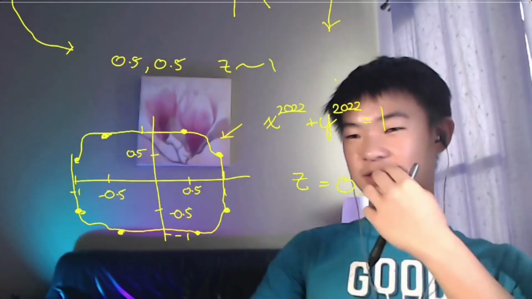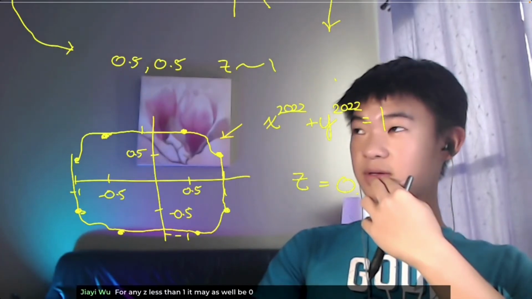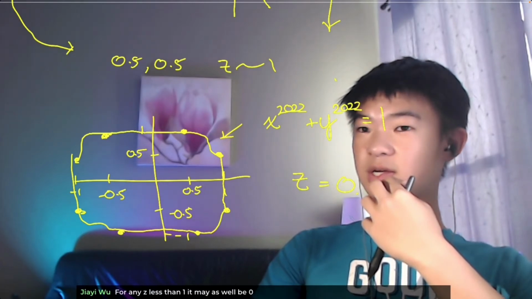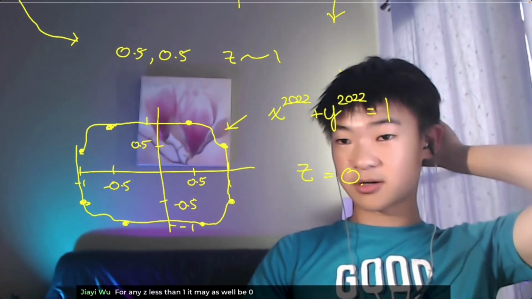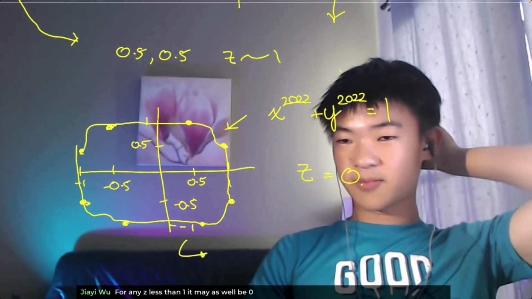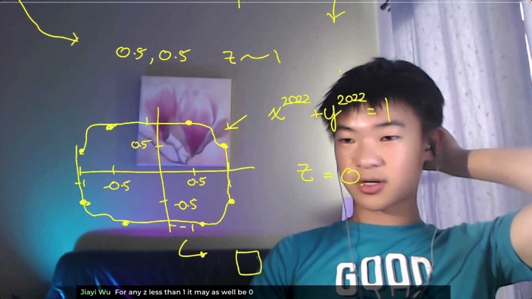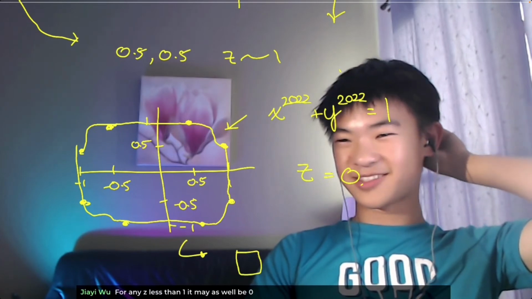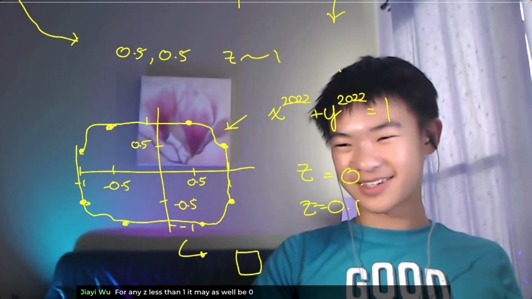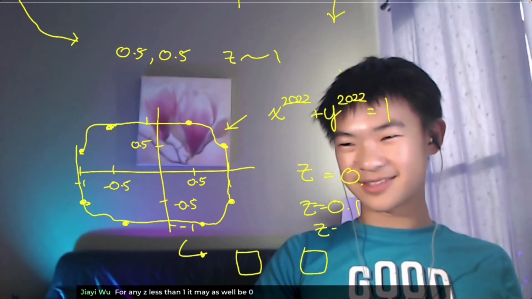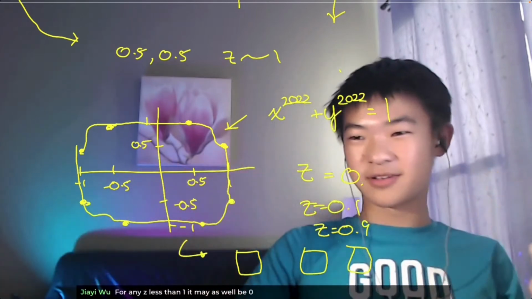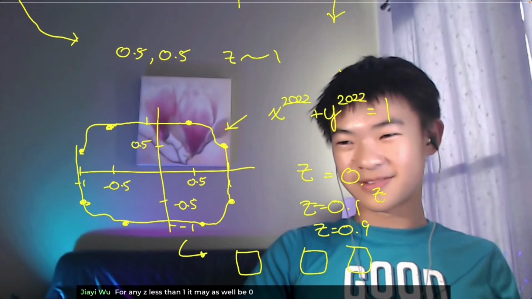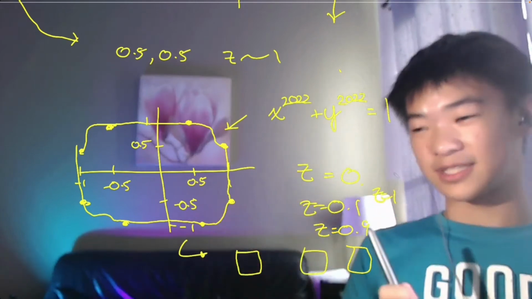Yeah, I agree with that. So essentially, this graph, the cross section for z is equal to 0, might be about a square, almost a square. And then for z is equal to like 0.1, it's also about a square. And then all the way until z is equal to 0.9, it's also about a square. And then there's that tiny volume when z is equal to 1, where it's probably not just a square.